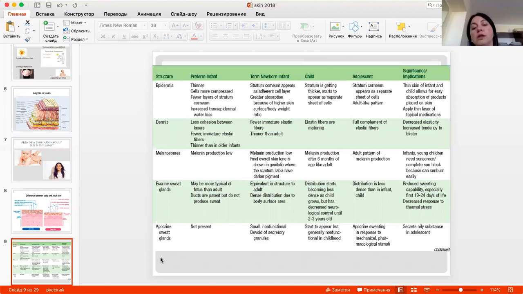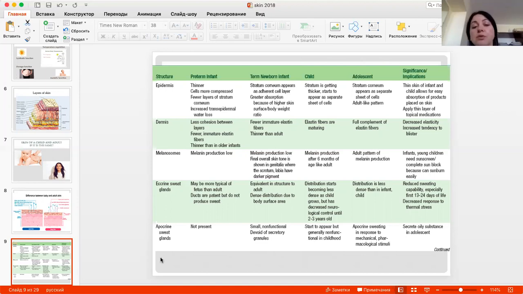More importantly, the sweat glands are less immature, but still immature. That's why the process of producing sweat in newborn children is extremely suppressed. That's why they have almost no sweat at all. It means that their capacity to control their temperature is lower than in adults and in older children.